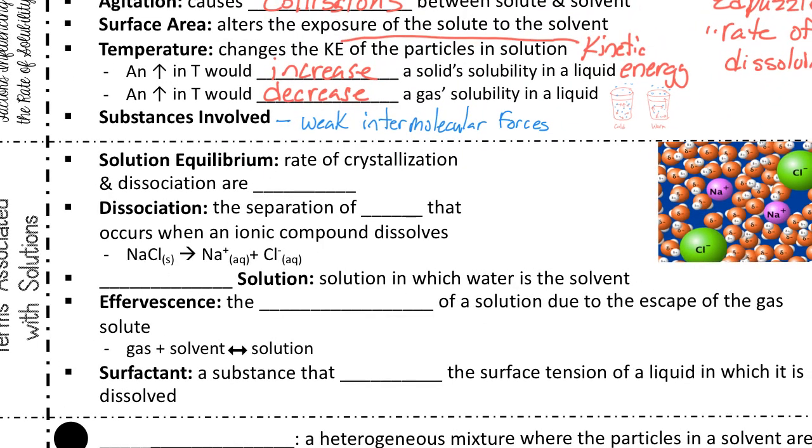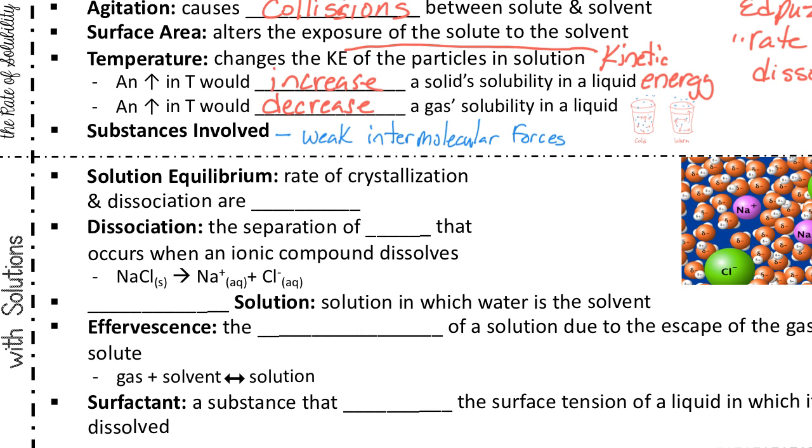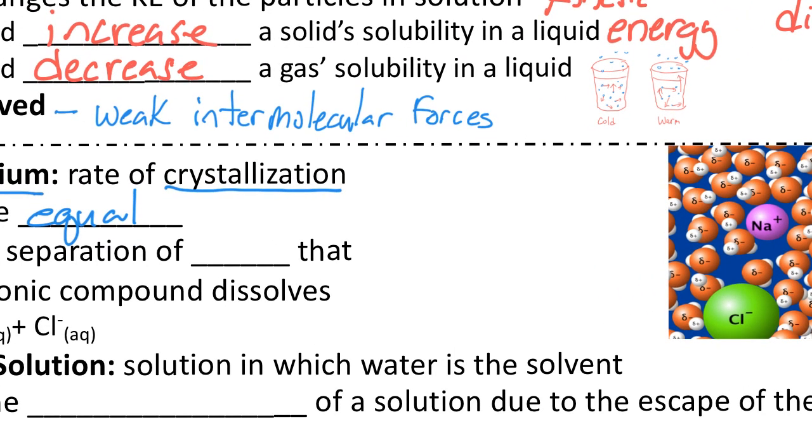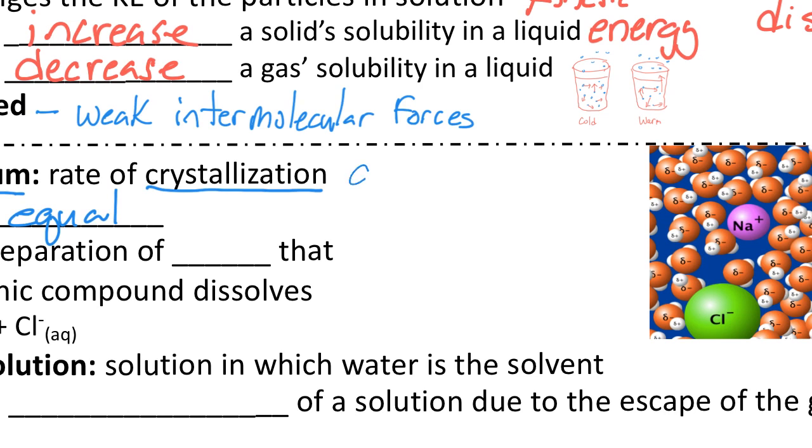Solution equilibrium: it's going to reach equilibrium when the rate of crystallization and dissociation are equal. We can think of crystallization as being particles coming together or coming back together.